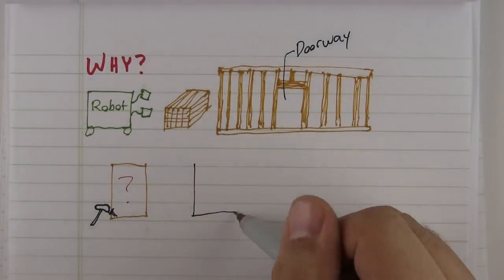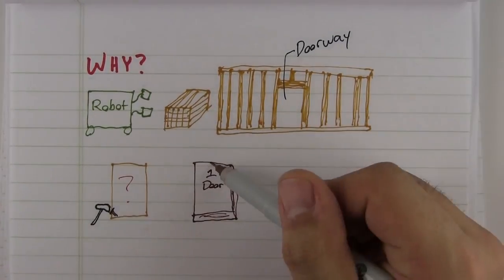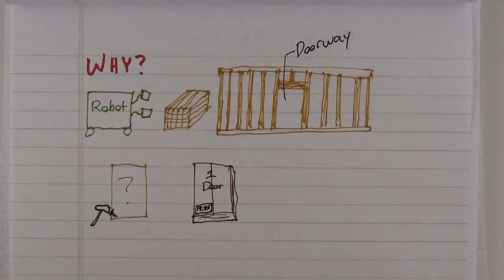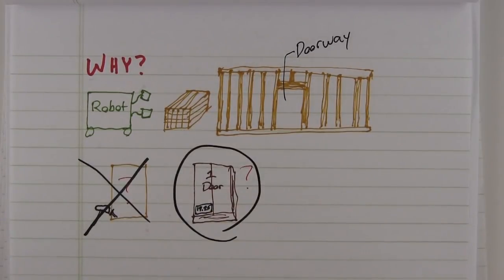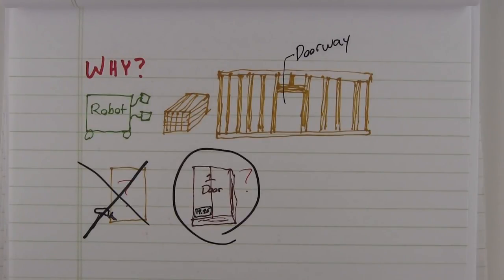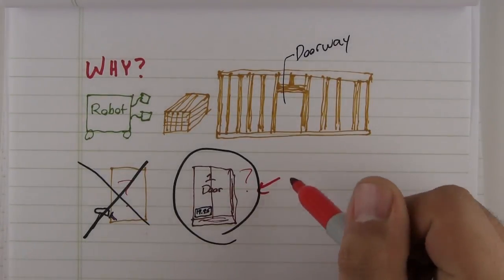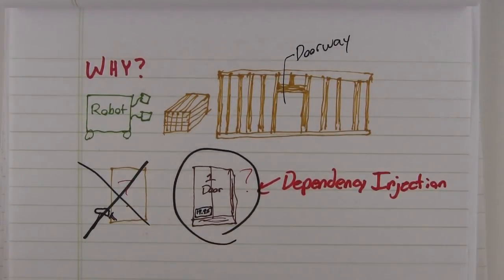Or do you program it to take a ready-made door from a supplier and install that? The most flexible way to do it would be to take the door from a supplier. And that's exactly what dependency injection does. It decouples your class's construction from the construction of its dependencies.